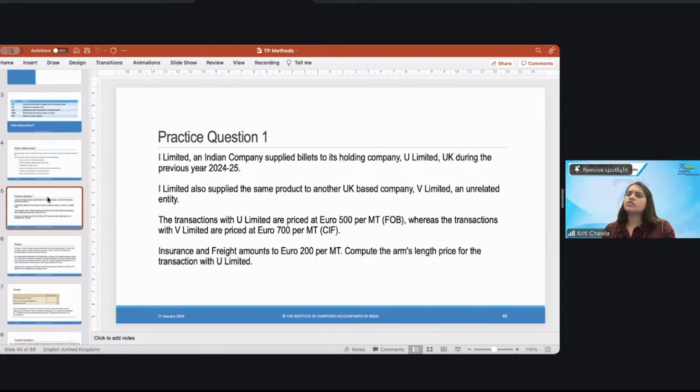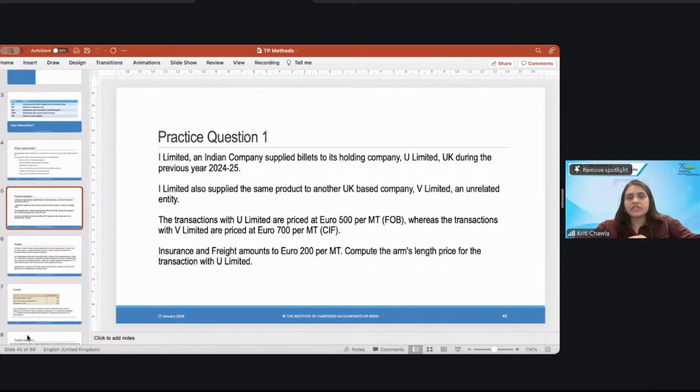Well, you tell them that there is data available, and this Indian company is supplying billets to its associated entity, and it's also supplying billets to a non-associated, independent entity. Now, looking at what kind of comparable this is, is it internal CUP or external CUP that we will be using here?